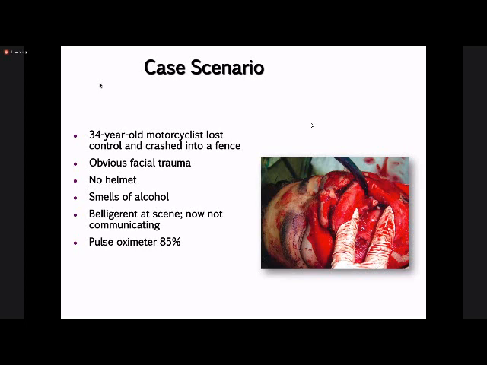Plus, it's going to be quite difficult in this patient. So most likely, this patient would benefit from a surgical airway, either a cricothyroidotomy depending on the situation, or tracheostomy depending on the circumstances. Since already the saturation is 85%, most likely need a tracheostomy later.